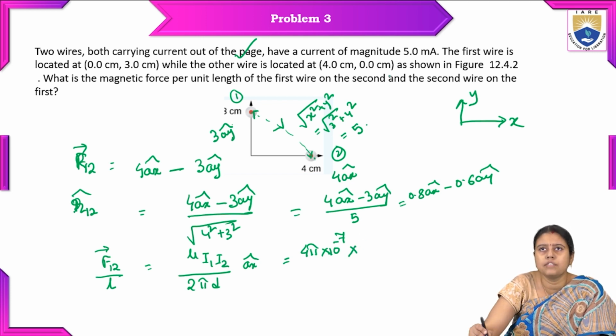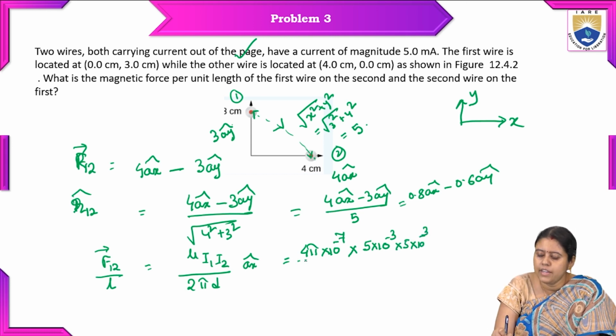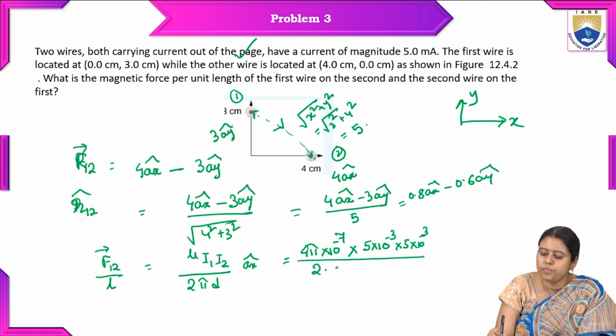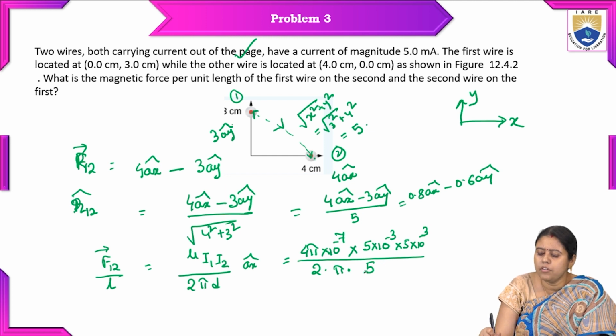I1 and I2 have the same current magnitude, 5 milliampere. So 5 into 10 to the power minus 3 into 5 into 10 to the power minus 3 divided by 2 pi, and d is also 5. So what is the value? The pi cancels out. It is 2. The 5 cancels out. So it is 10.